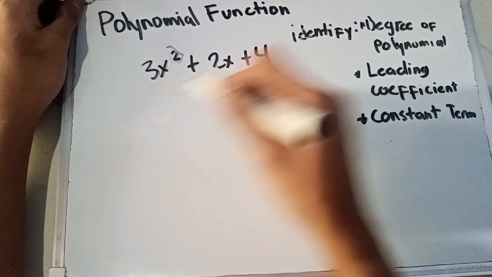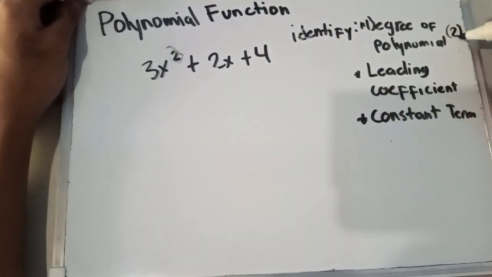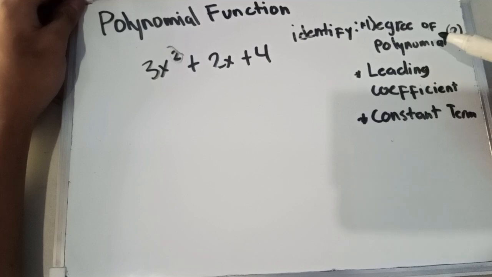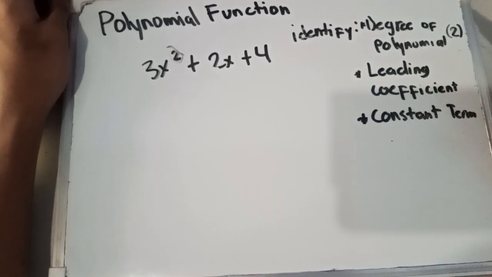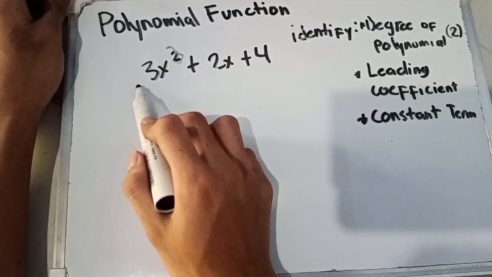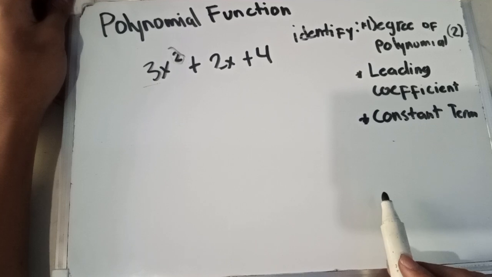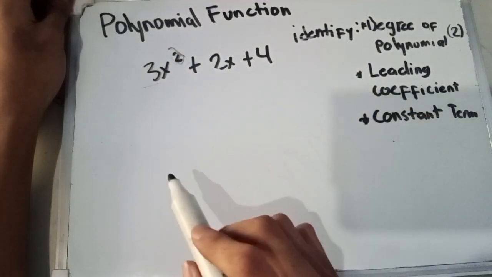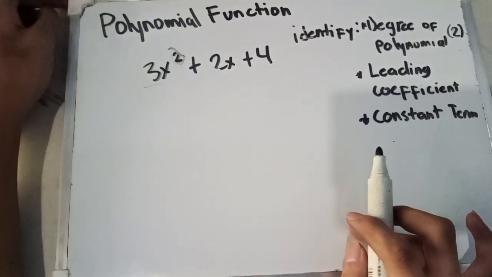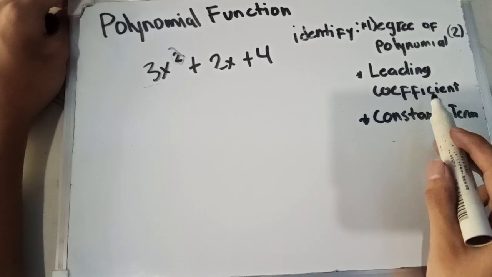Now, what is the leading coefficient? With respect to the degree of polynomial, the leading coefficient is the coefficient of that term. So that is 3. Since the leading term and the degree of polynomial are on the same term, the leading coefficient is 3.